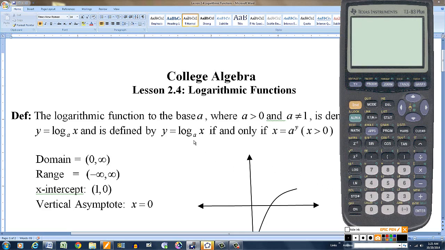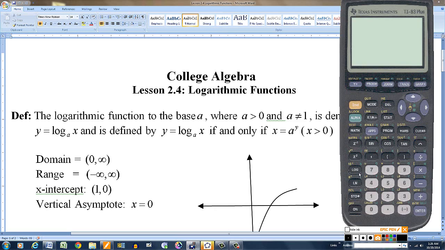If there's no base indicated, that's always understood to be base 10. Otherwise you have to put it in base 2, base 3, whatever. If it's just ln, that's understood to be base e.